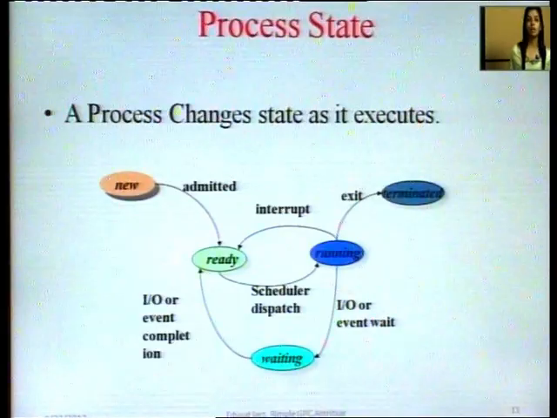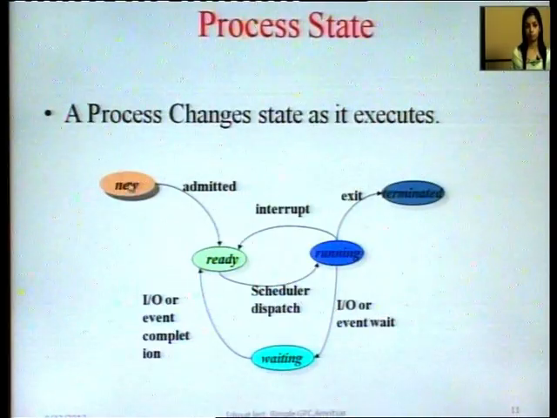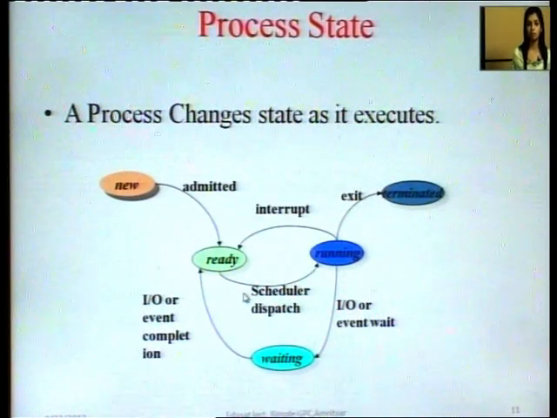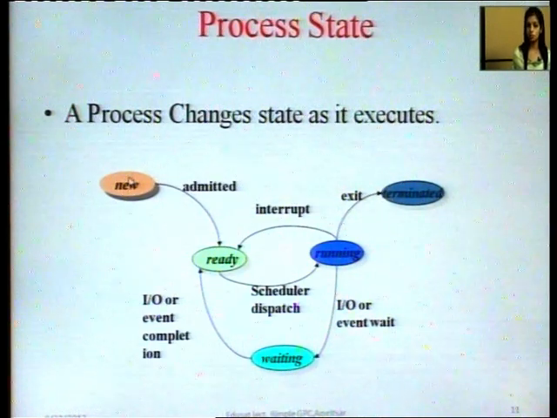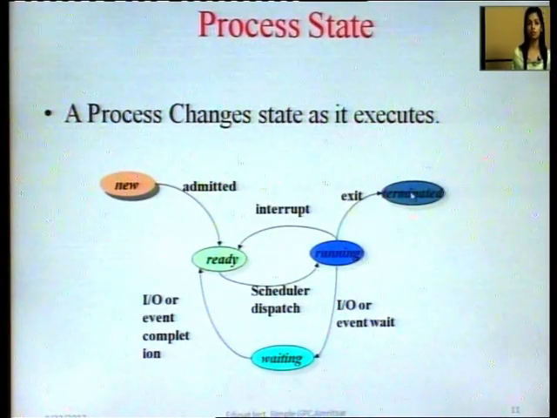Now while we are executing a single process, a number of stages come. There are 5 stages while we are executing our processes. First is the new stage, then ready, then running, then waiting, and fifth is terminated.